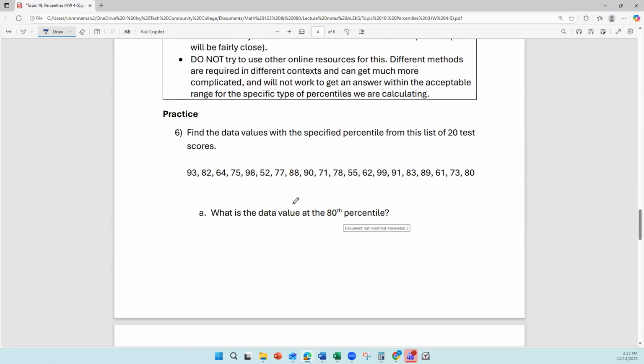So first, we're finding the data value at the 80th percentile. That means 80% of the data values are less than the one that we want. So 80% of the data values, how many data values are there?